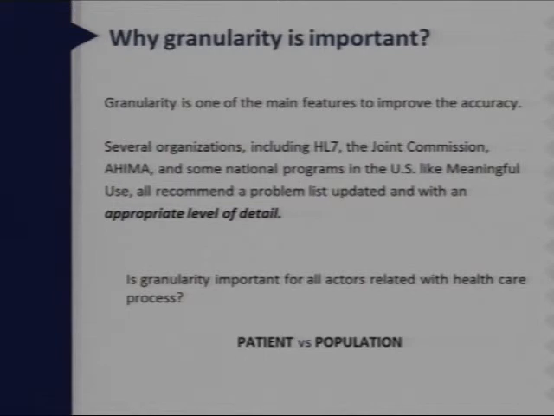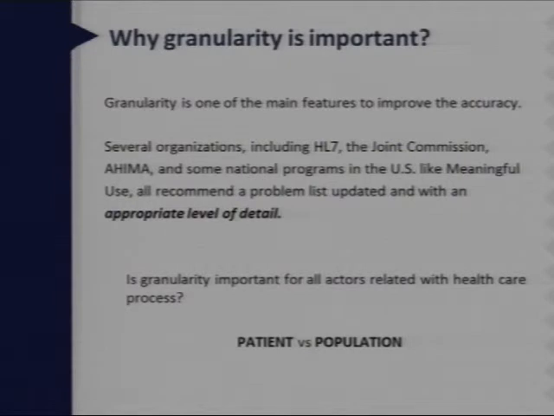And several organizations like HL7, the Joint Commission for Hospital Accreditation, AHIMA, and some national programs here in the United States, like Meaningful Use, recommend that the list must be updated and must contain the appropriate level of detail. But is this level of detail important for all the people in the healthcare team?